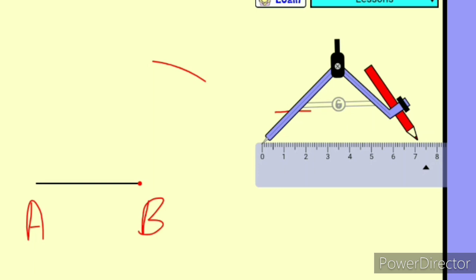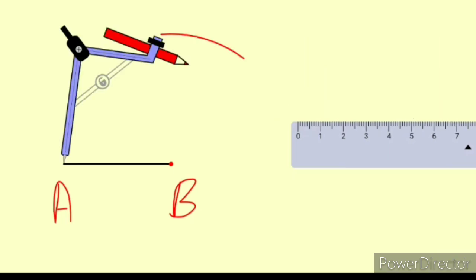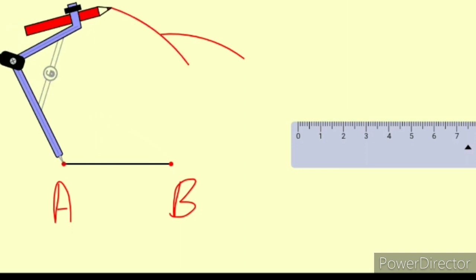In this way you measure the length 7 centimeter using the scale. A as center, cut that previous arc. It is not properly cutting, so we will extend the previous arc.